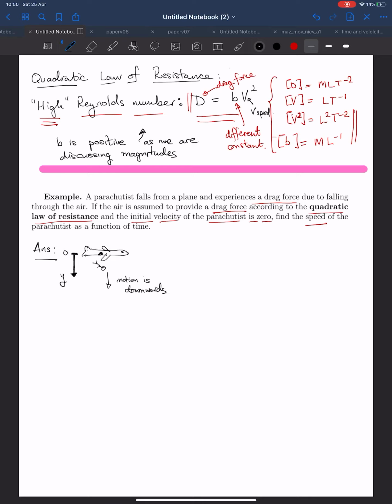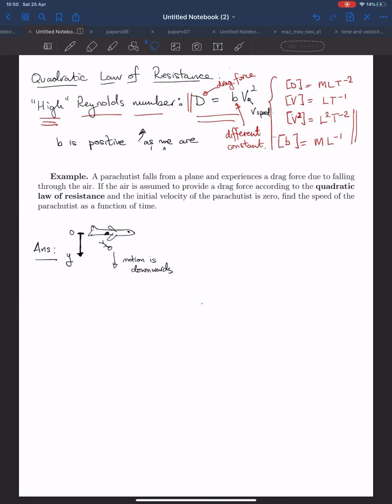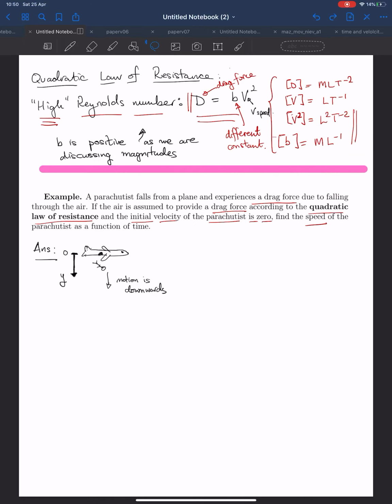So what we have from this diagram is we can start to label some forces which are going on. We can start to put together the forces. So now write down forces experienced by the parachutist.